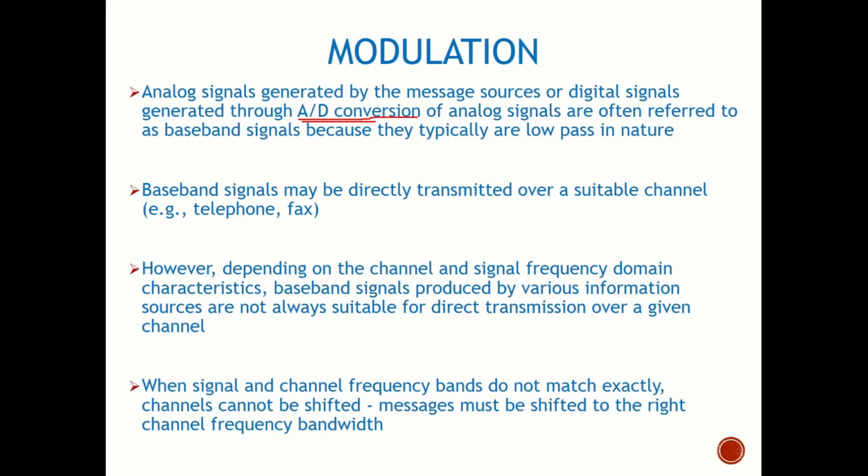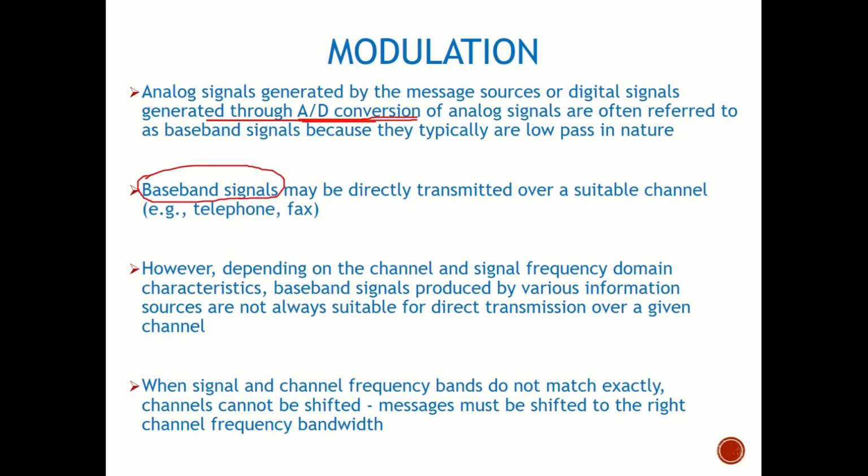In digital communication, the message signal is the voice signal or the analog signal converted into a digital signal in the form of bits. Both these types of signals are called baseband signals because they have not yet been transmitted over the channel. They have not yet been used to modulate any high frequency signal.